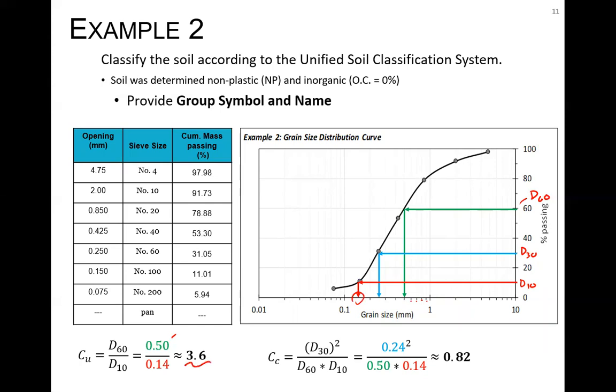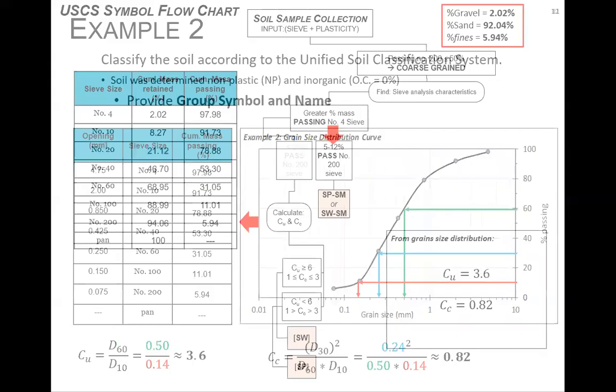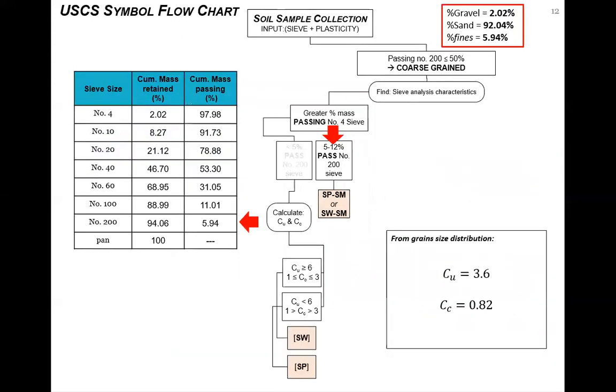So we'll say that CU is about 3.6. And then for our CC, D30 squared, don't forget that squared there, divided by 0.5, which is our D60, times 0.14, and that's about 0.82. So we know that these are our two values. Our CU is 3.6 and our CC is 0.82.